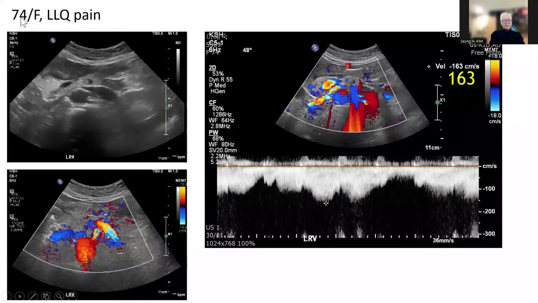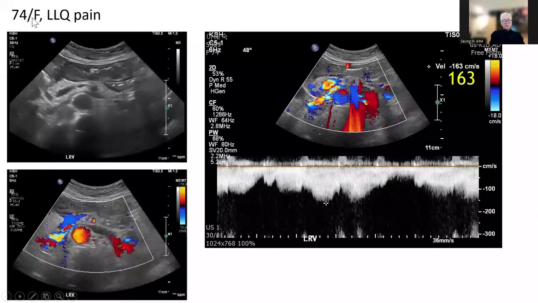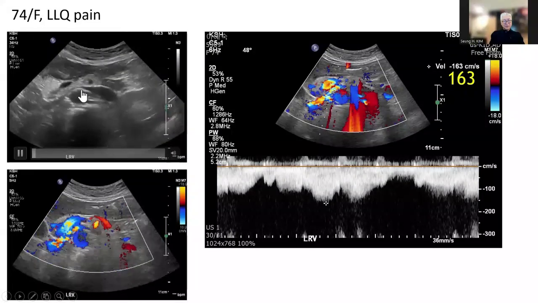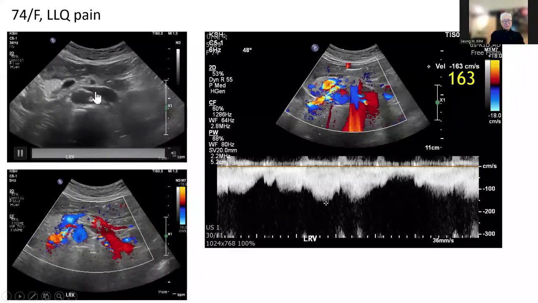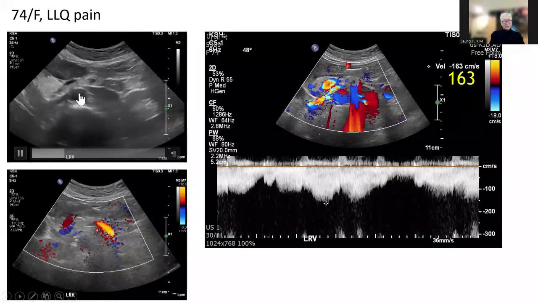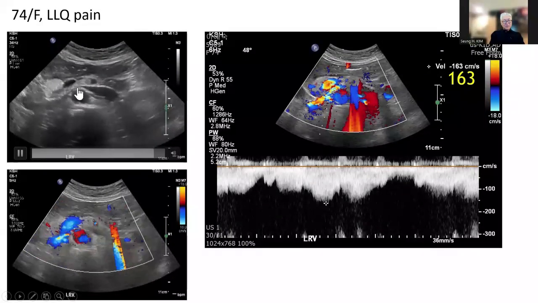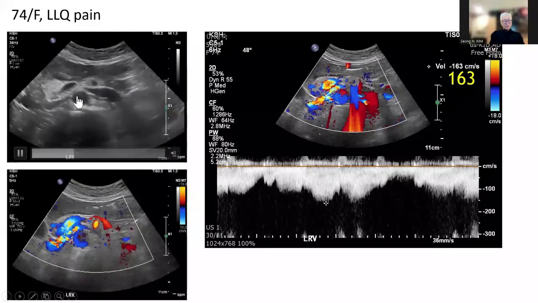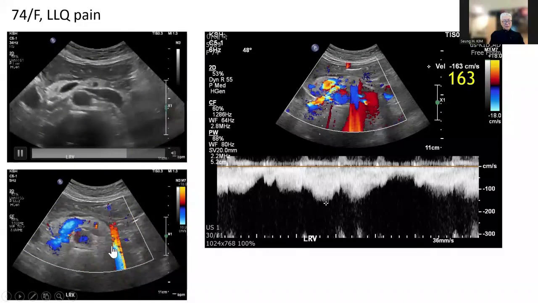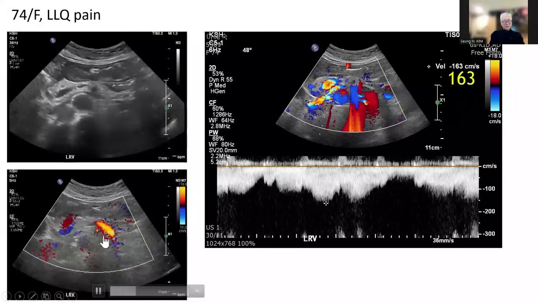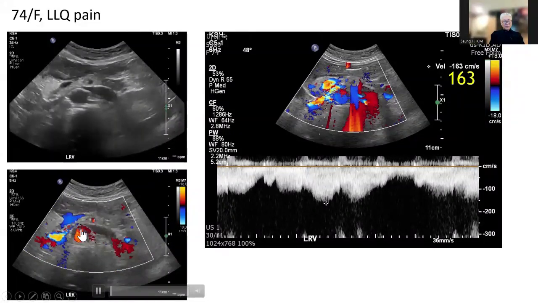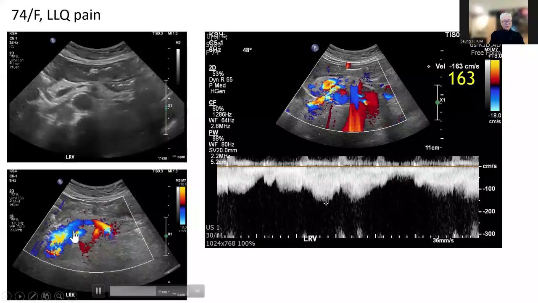This is a 74-year-old woman with left lower quadrant pain. On grayscale, the aorta, superior mesenteric artery, and left renal vein are here, and it looks like a type 3 nutcracker stretching out the abdominal aorta, with a little sluggish flow in this left renal vein and fast, jetting flow here.